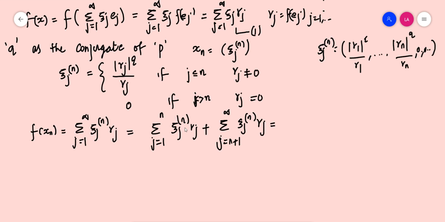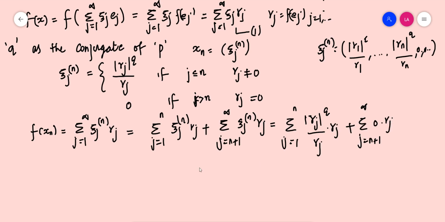If you substitute the value of theta jn, we get summation j equal to 1 to n modulus of gamma j the whole raised to q divided by gamma j times gamma j, plus summation j equal to n plus 1 to infinity 0 times gamma j.